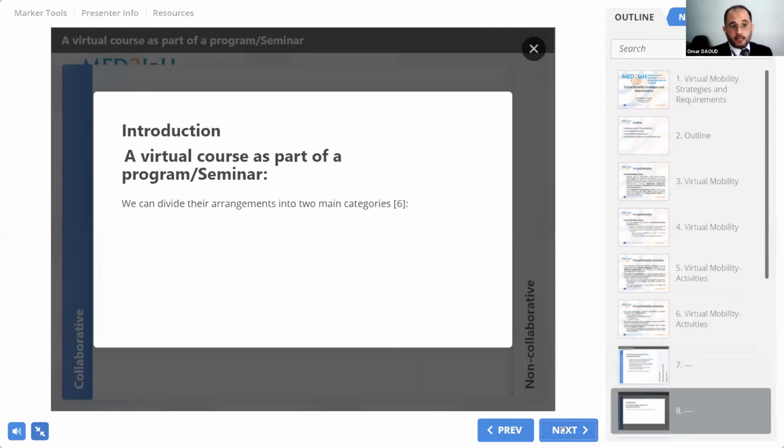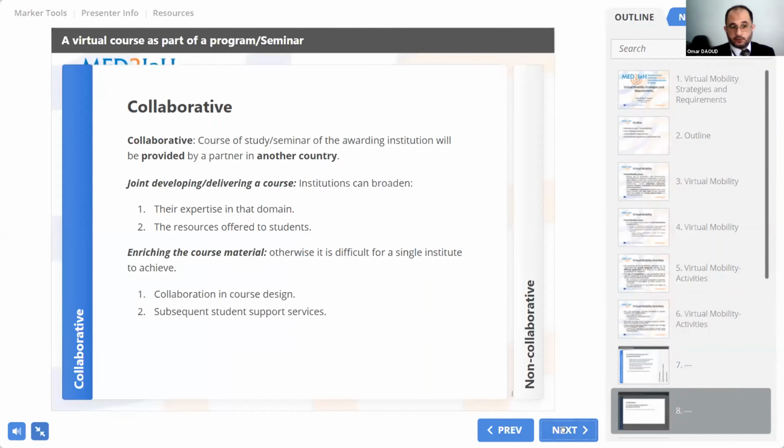Therefore, the virtual course, as a part of a program or seminar, can be arranged into two main categories: the collaborative one and the non-collaborative. For the collaborative course, a study or seminar of the awarding institution will be provided by a partner in another country. Therefore, we have either joint developing or delivering a course, or enriching the course materials.